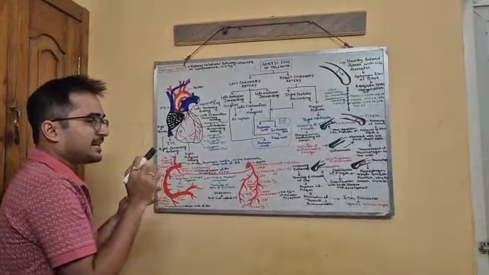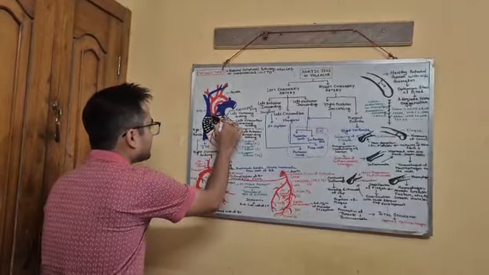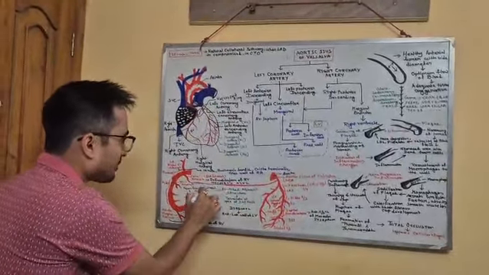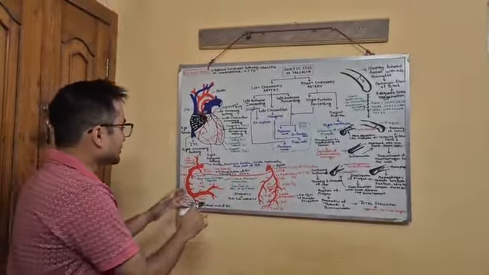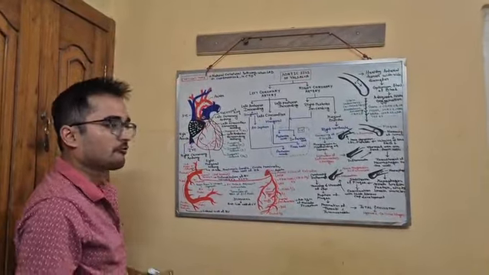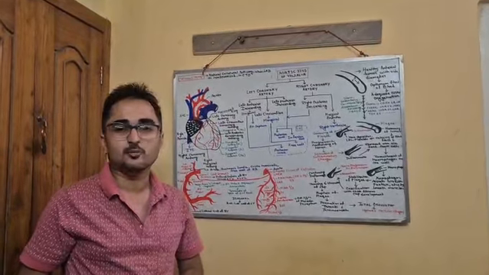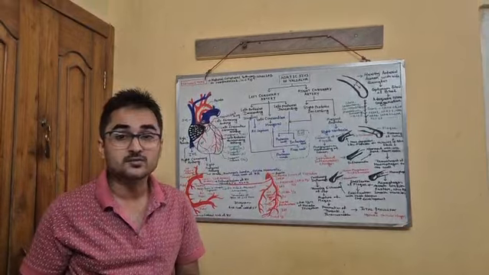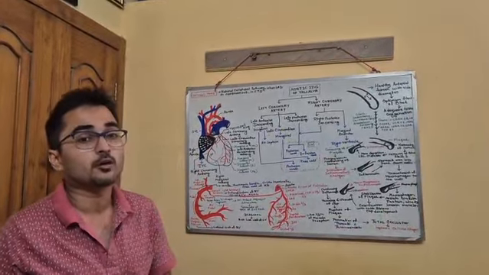And an interesting thing in the diagram is this part, and similarly, these interconnections between the conal branch and the left main coronary artery. This is basically known as Vieussens' ring. What is this Vieussens' ring? It is not a normal anatomical structure. It is a natural collateral circulation where there is total occlusion of the coronary artery.